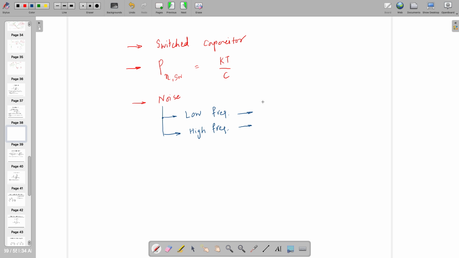At low frequency it's 1/f or flicker noise, both are the same, and at high frequency it's generally thermal noise. Other than that, other noises are also available, such as shot noise, popcorn noise, pink noise. So many noises are available.